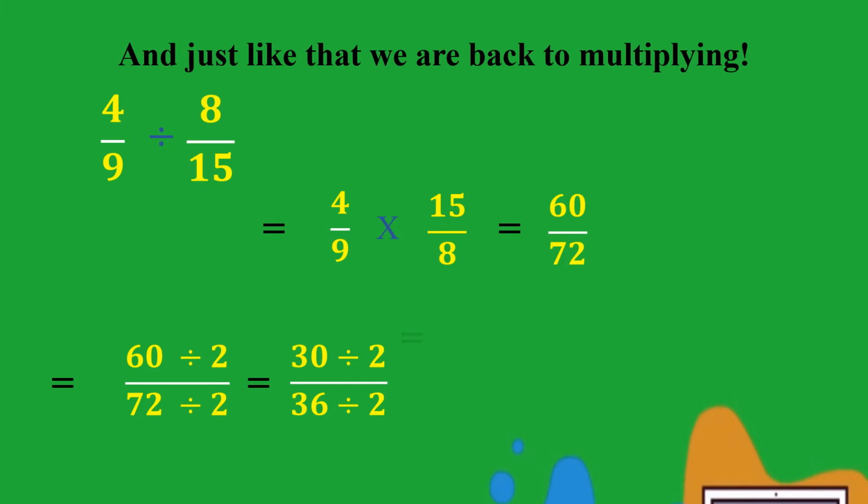So when we divide we get 15 upon 18. Now they both have the common factor 3. So we need to divide 15 divided by 3 and 18 divided by 3. It will be 5 upon 6, and that will be the final fraction that we got.